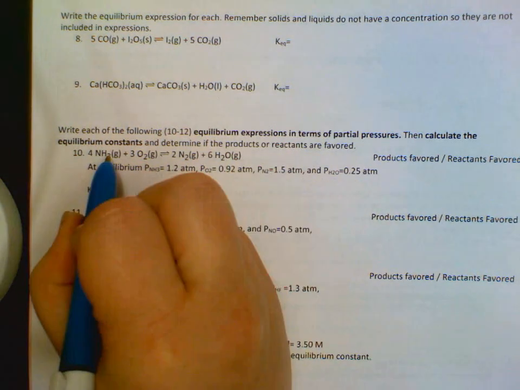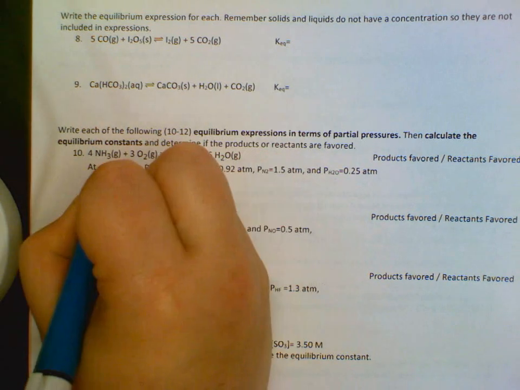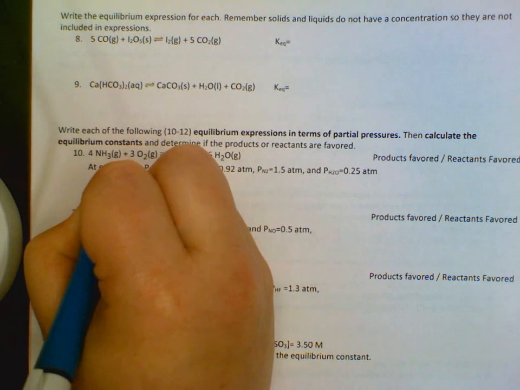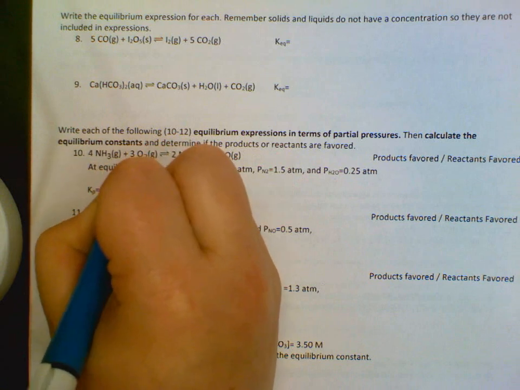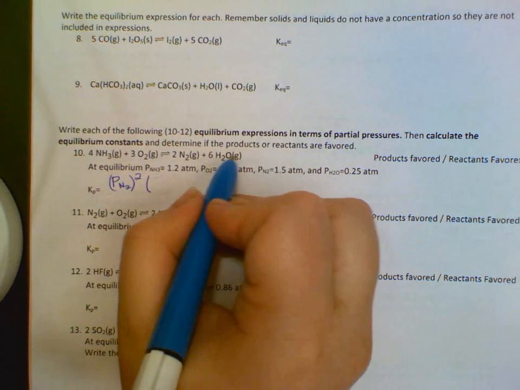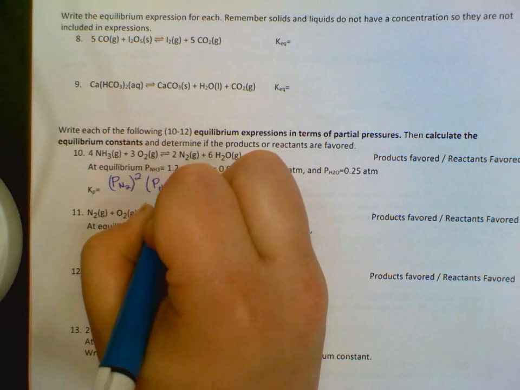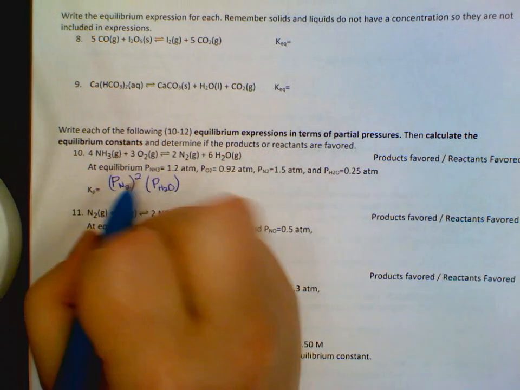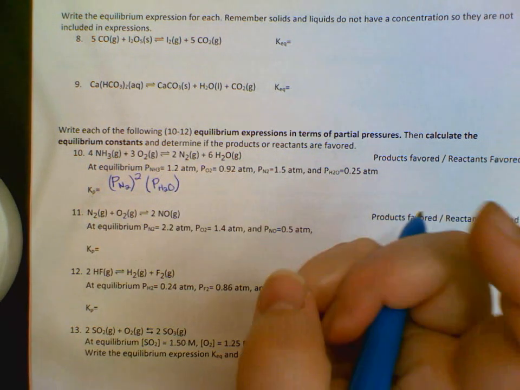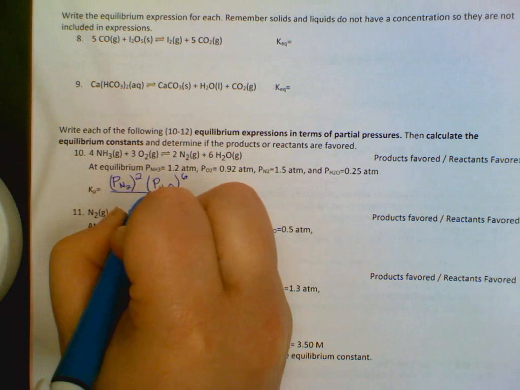So it's still products over reactants. So I'm going to start on my product side, but I'm going to write it in terms of pressure. So I'm going to put pressure of N2, and I'm going to raise it to the second power. I'm going to multiply it by the pressure of water. You can just use regular parentheses here because brackets show concentration. This is to the sixth power.